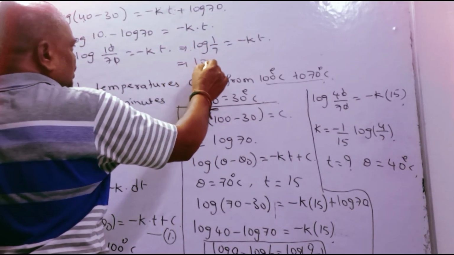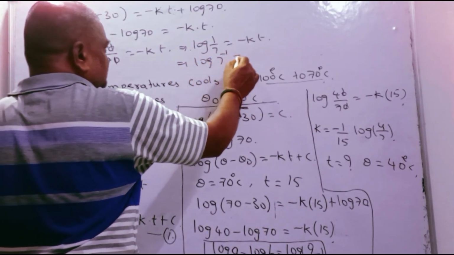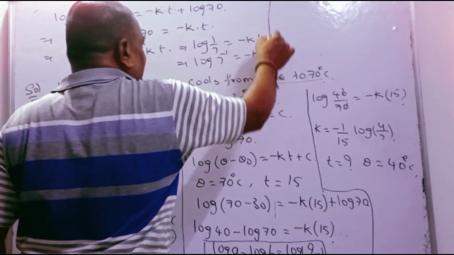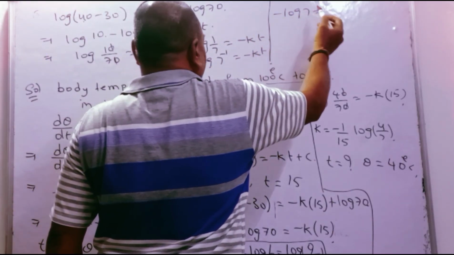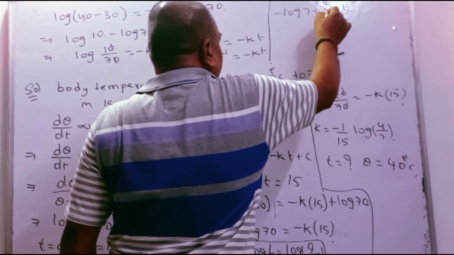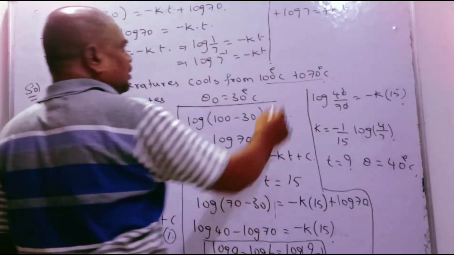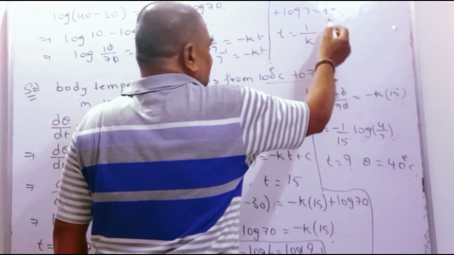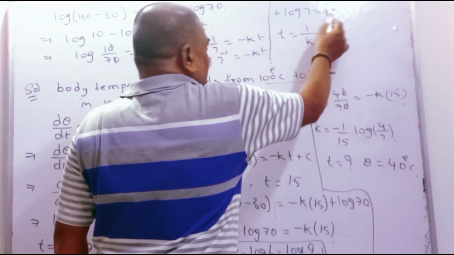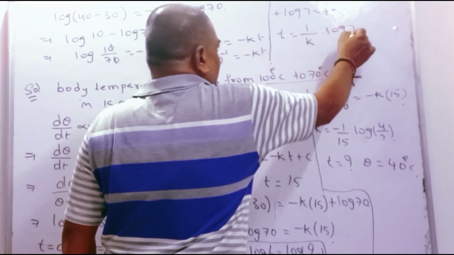This is log 7 power minus 1 equals minus kt, which can be written as minus log 7 equals minus kt. Minus minus gets plus, so t equals 1 by k into log 7.